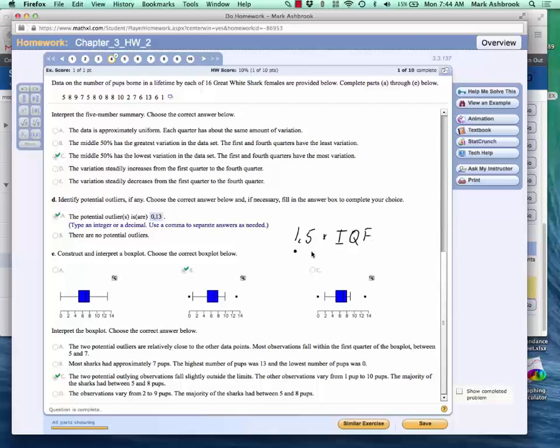You add and subtract that to your Q1 and Q3. And then when you draw the box plot, you're going to draw the outliers, but the whiskers go to the least data point that's not an outlier and the greatest data point that's not an outlier. Any questions on that?